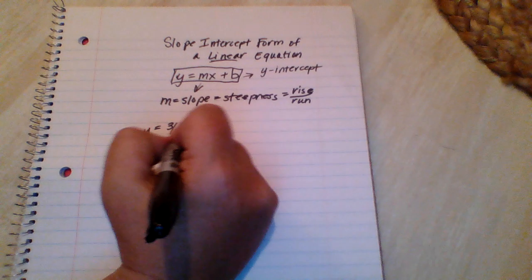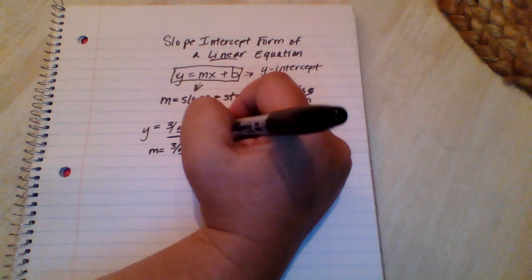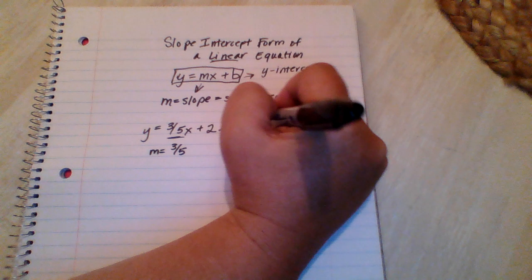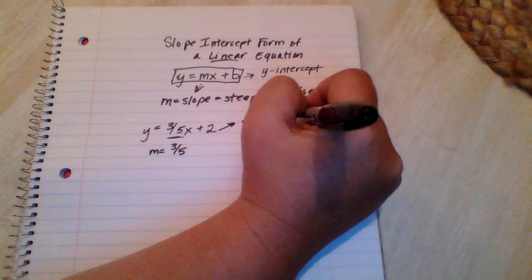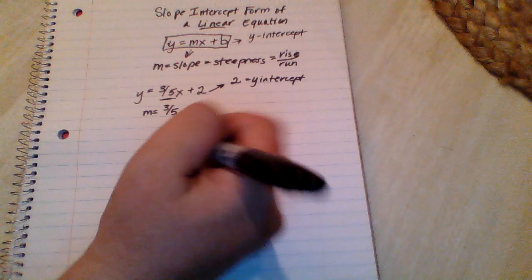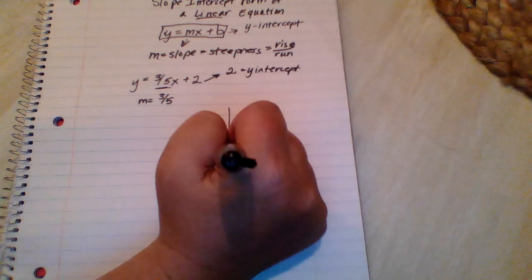Our slope is 3/5, and our y-intercept is 2. So if we graph this, we can very quickly see what the graph of this line is going to look like.